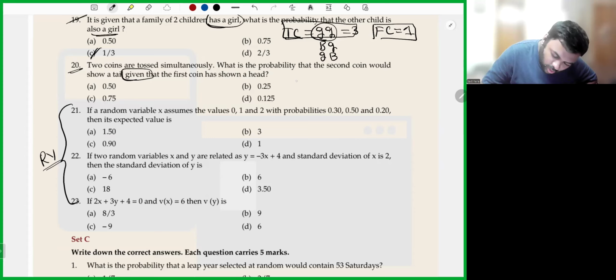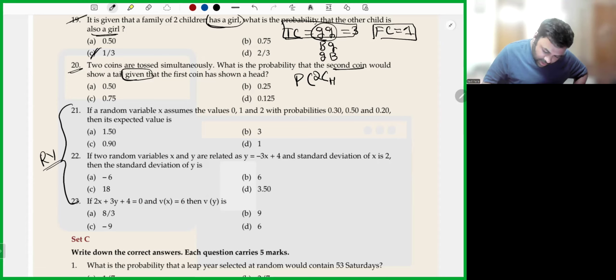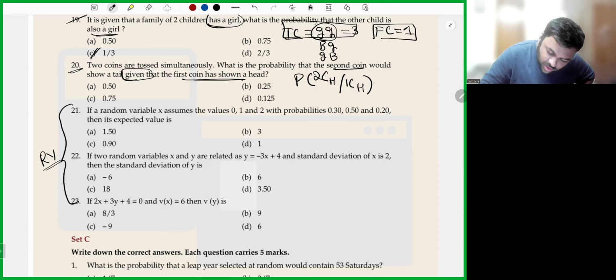So P of second coin has shown a head intersection first coin has shown a head divided by P of first coin has shown a head.